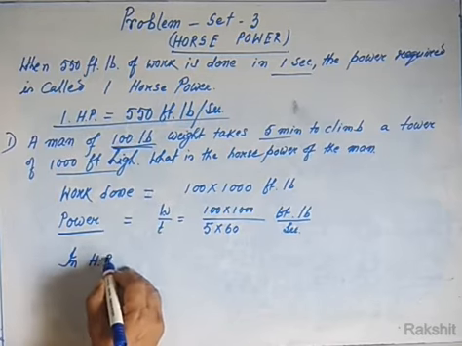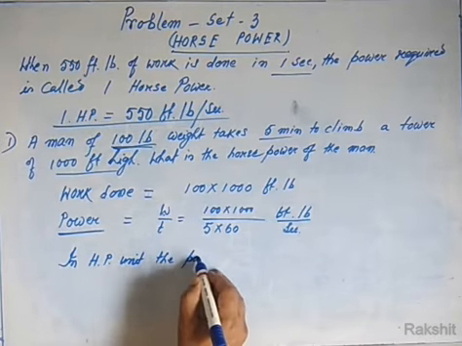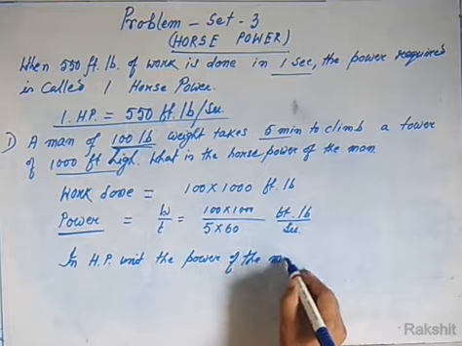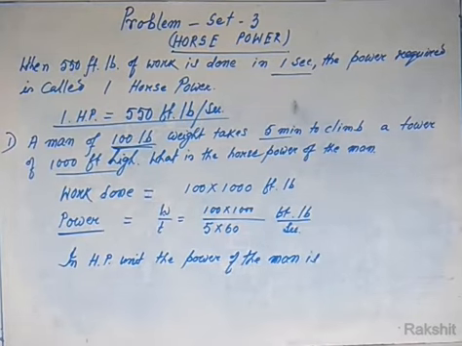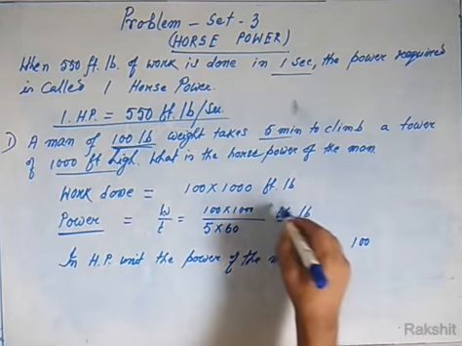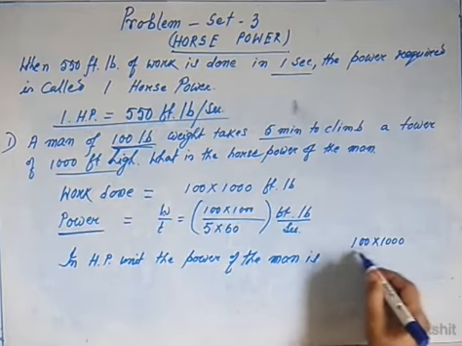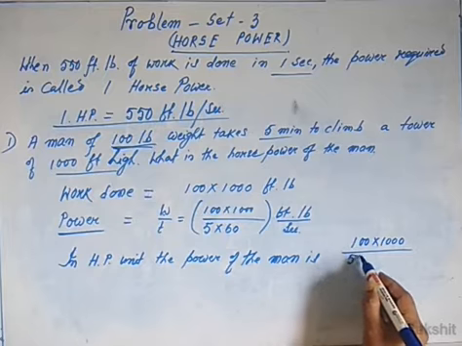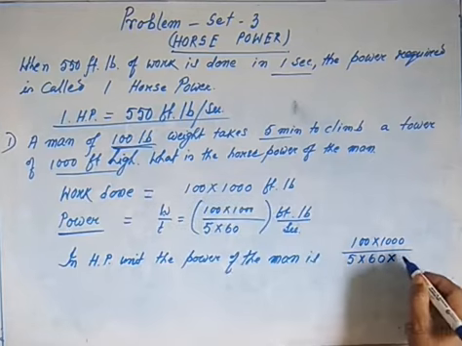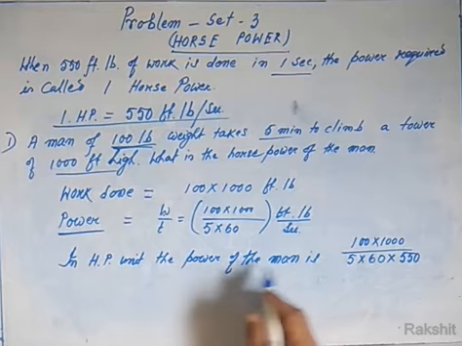In HP unit, the power of the man is 100 into 1000 by 5 into 60, divided by 550.